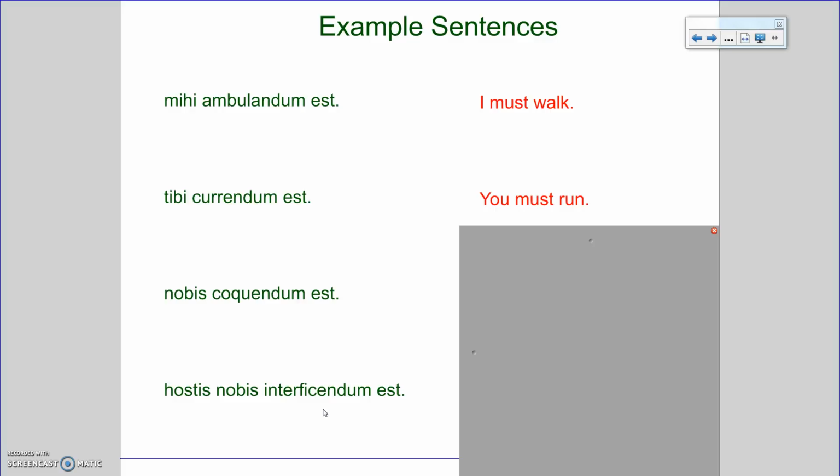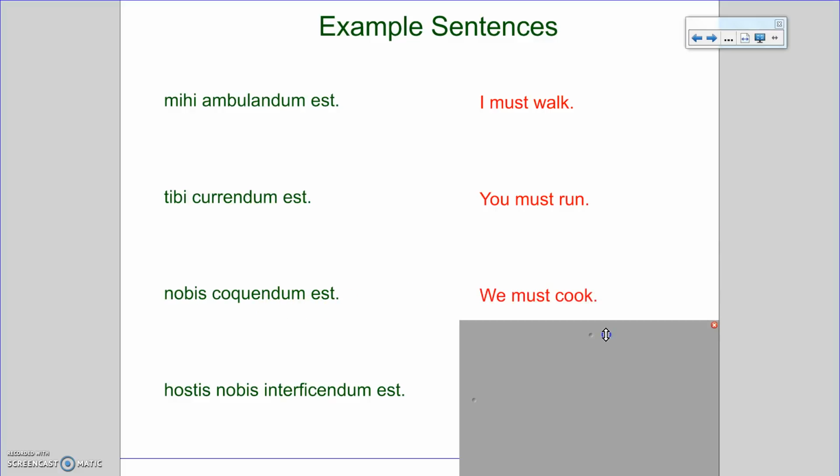So hopefully for the next one you saw nobis is going to be the dative form of we. So we must, because of the ndum est, and the verb means cook. So we must cook. The very last one's a little bit tricky. You can see that there are two words in front of the gerundive here, the interficiendum est. Be careful.